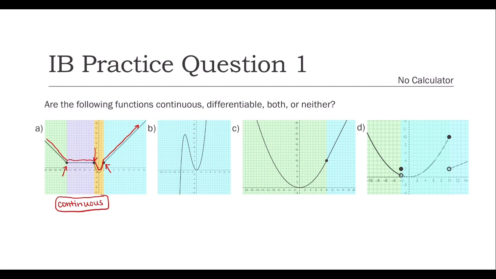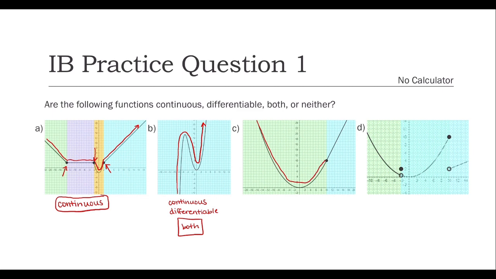This second one here, you could run your finger along the entire function without picking it up. So it's continuous. There are also no sharp cusps or points, so it's also differentiable, which means it is both. For part C, you can run your finger along the entire function.